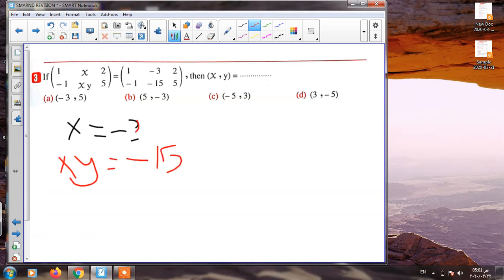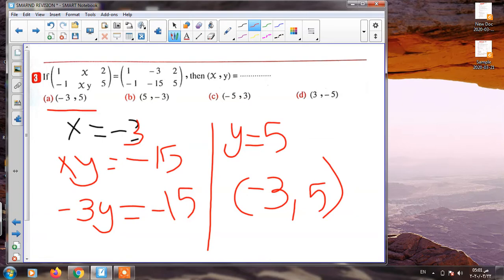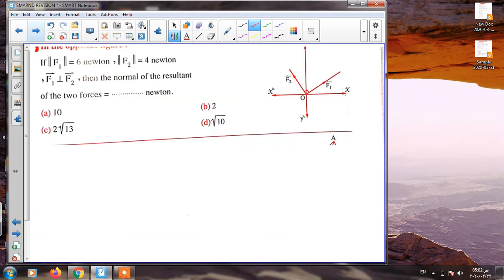Can you see? The x is negative 3 and the xy will be negative 15. Put the x here as negative 3, then negative 3y will be negative 15. From that, y is going to be 5. Then x and y will be negative 3 and 5. The answer is going to be A. Next question.